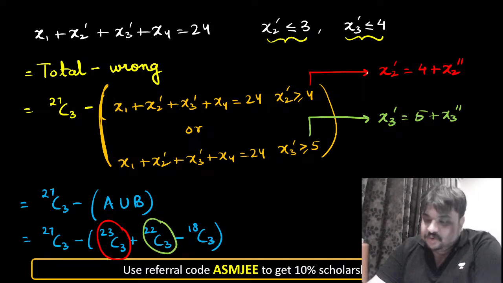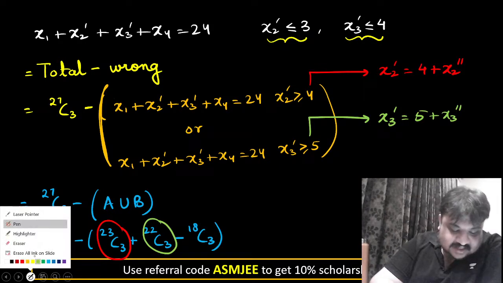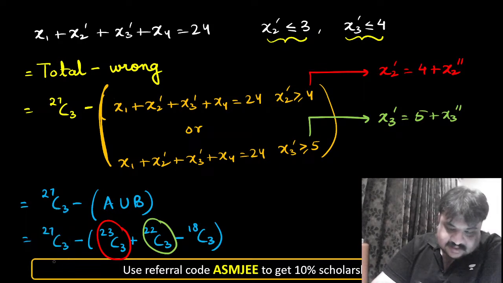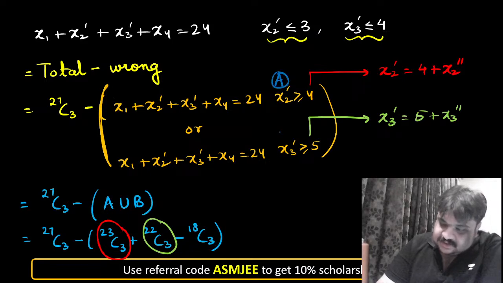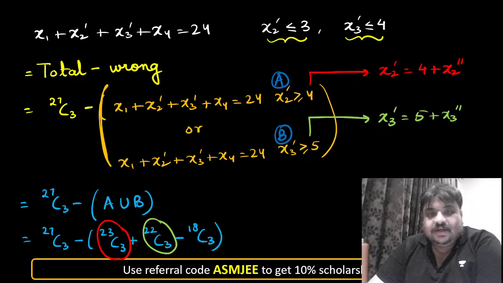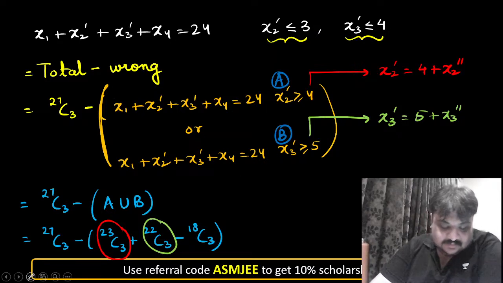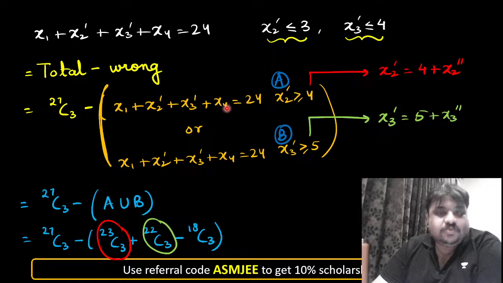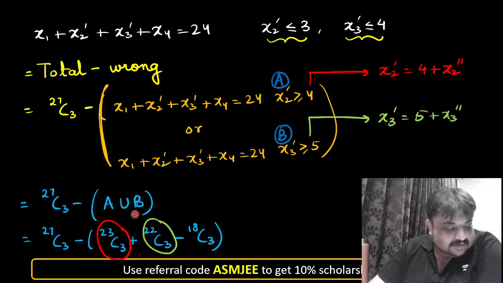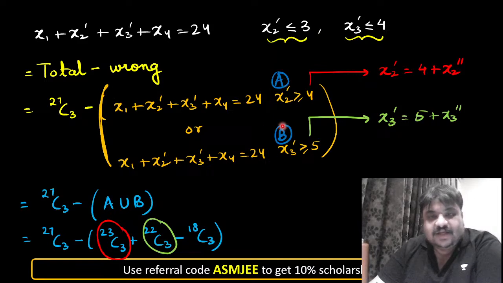But understand both these cases, if I call this one as A and this one as B, both A and B can happen together as well. When this is greater than equal to 4, this is greater than equal to 5. So that means there is overlapping in these two cases. So rather than addition, you have to use union. That is why we have used union. So how will you get A union B? Answer of A plus answer of B minus answer of A and B together.